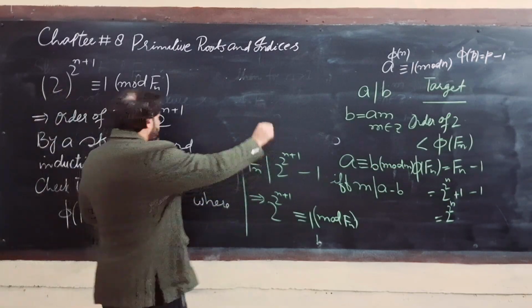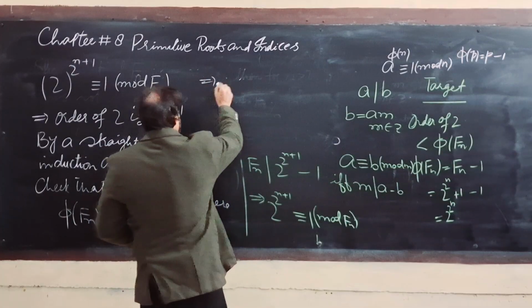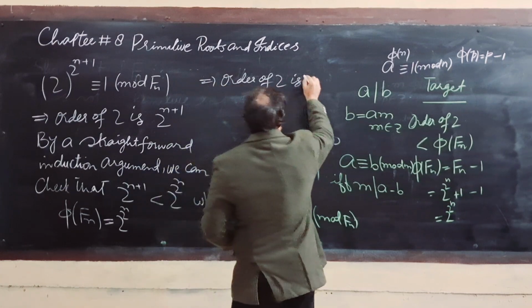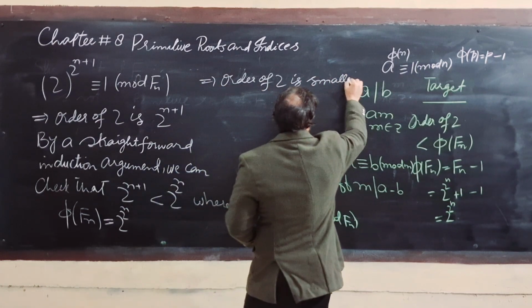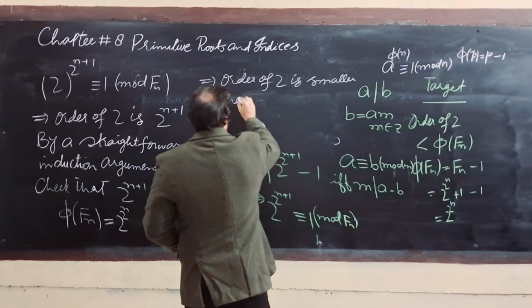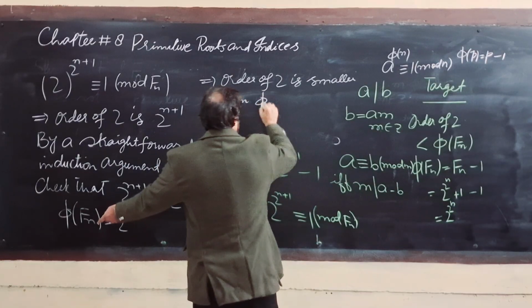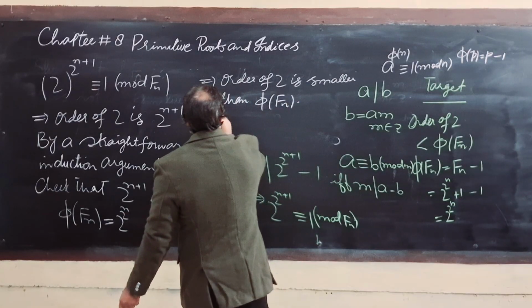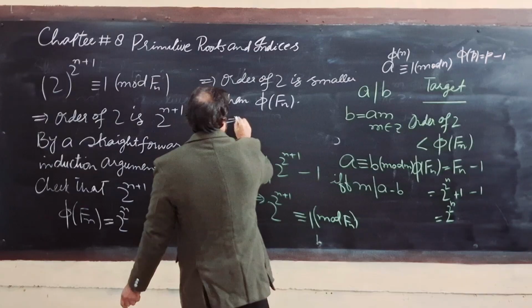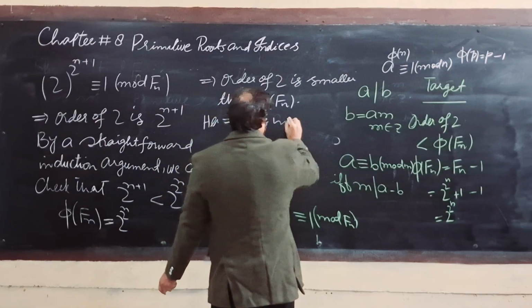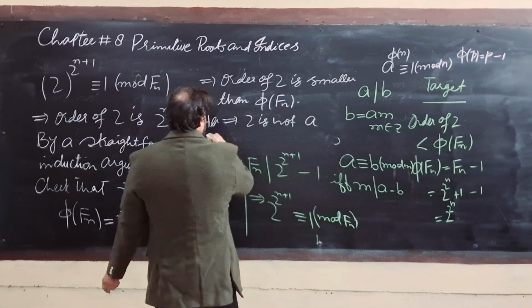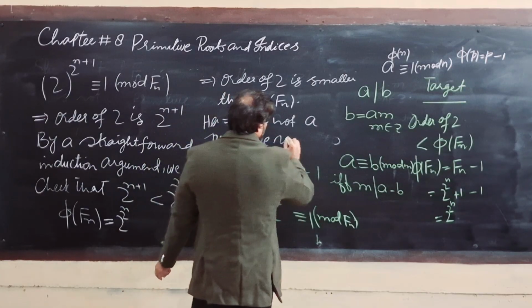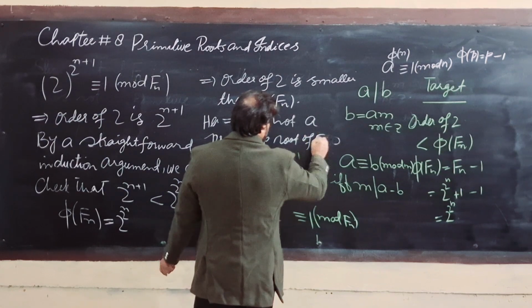So next we can write, this implies the order of 2 is smaller than phi of Fn.